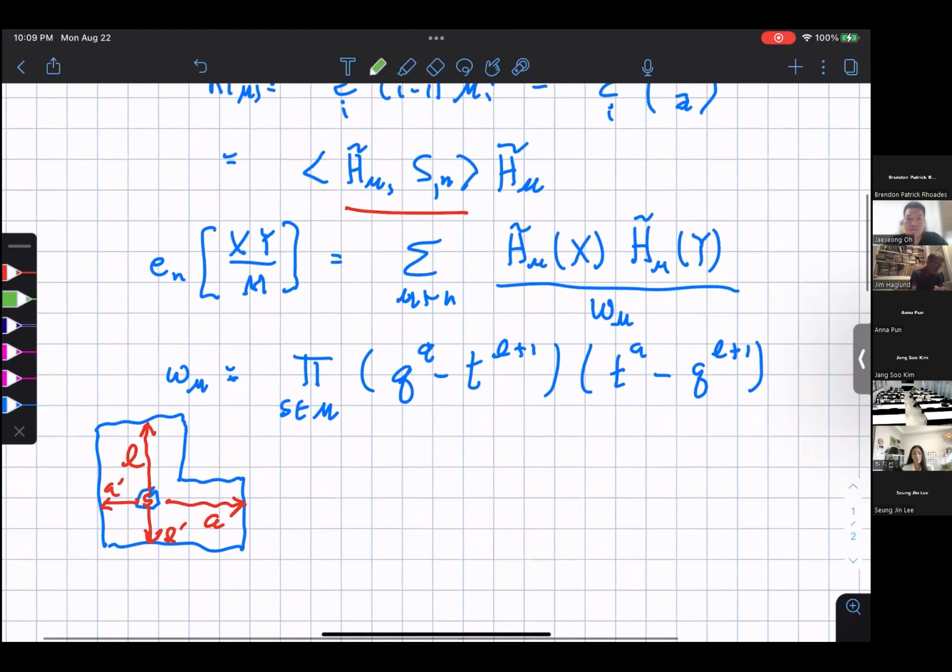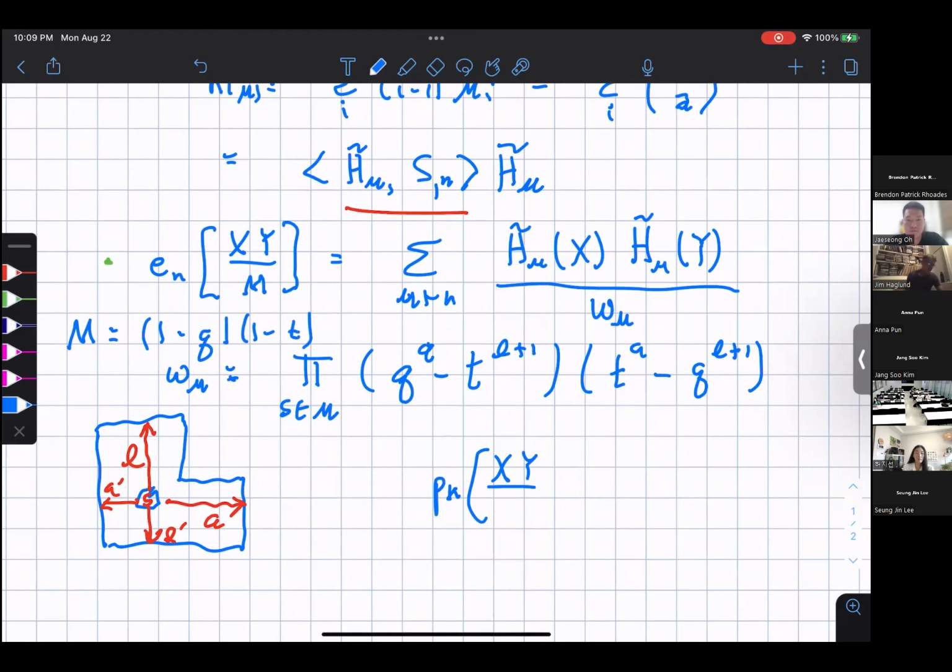So this identity here, McDonald, gives you e_n of XY over M. Oh, I have to explain what that is. So this is a plethystic identity. Now p_k of XY over M, so M is this quantity that arose a lot in Anna's talk.